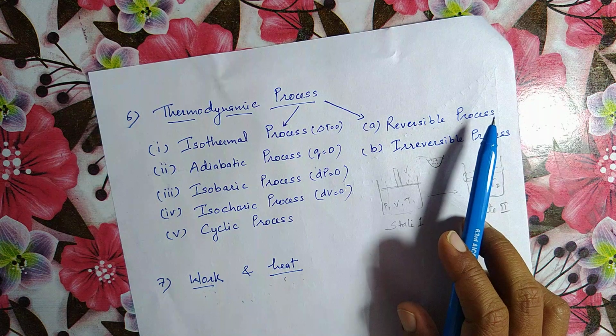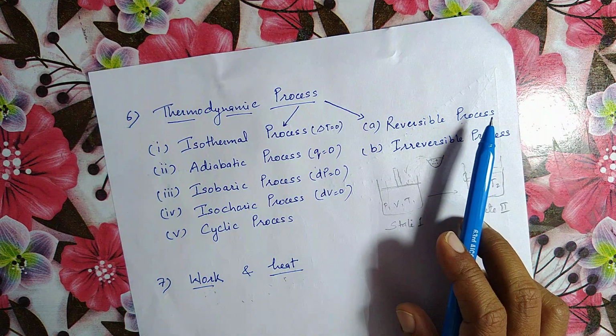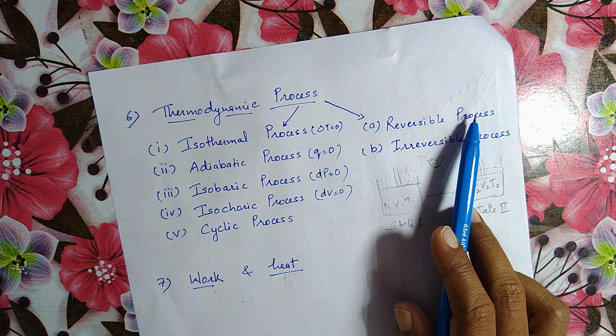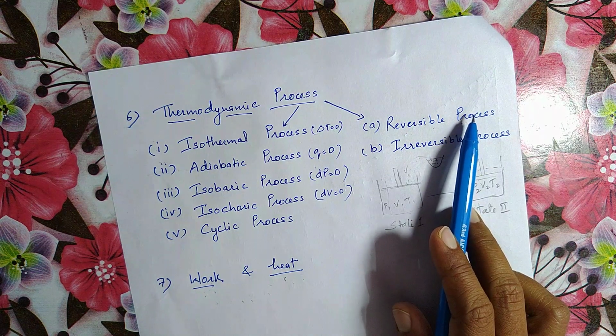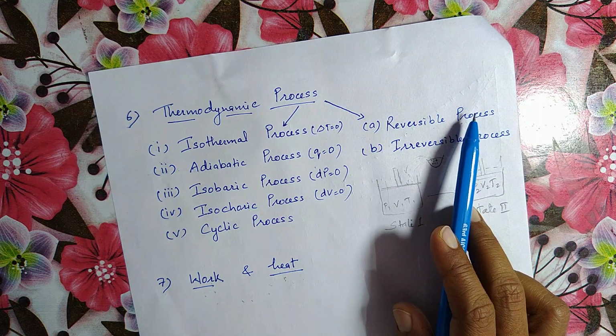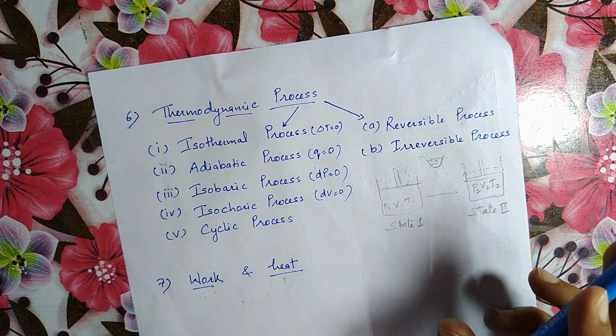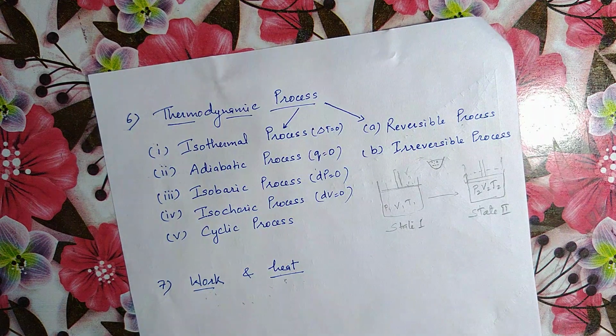It means extremely slow processes are considered as reversible processes because an ideal reversible process is not possible. Okay, a perfect reversible process is not possible. The extremely slow process is considered as reversible process. And what is irreversible process?